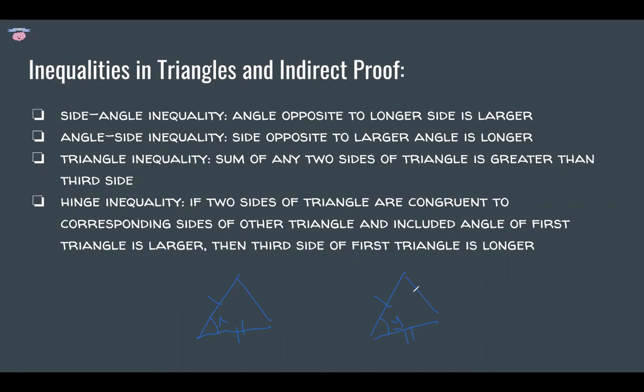So this basically is just an application of the angle side and side angle inequalities to two triangles. It's basically saying that if this angle is larger than this angle, and these two sides are congruent, that's key, because if they're not congruent, the results can be different, because it could have something like this, and this is clearly longer than this, even though this angle is larger than this angle.